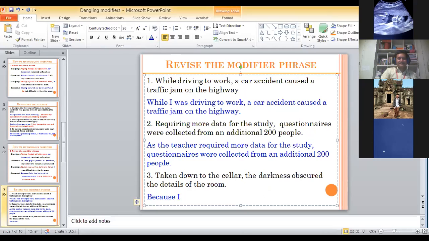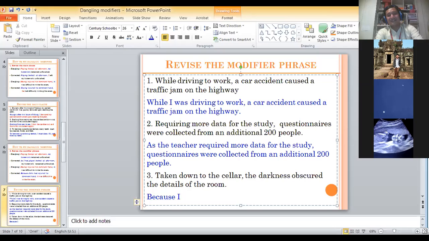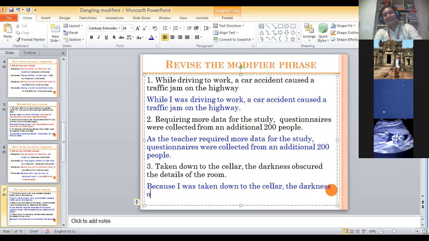Obscure the details of the room. All right, the better way, you better say because I was taken down to the cellar, the darkness obscured the details of the room.